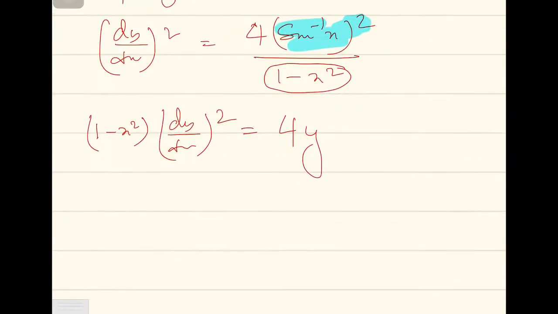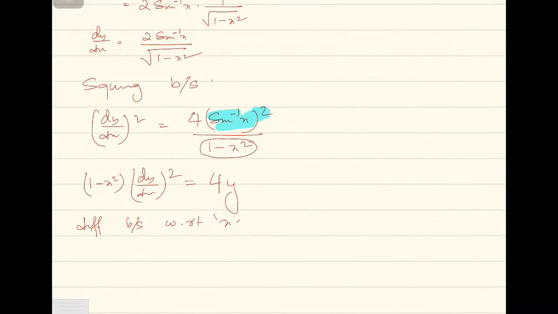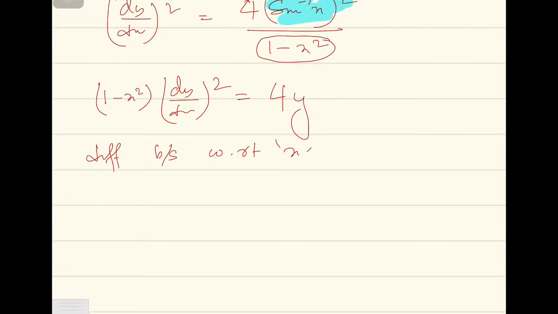Got it? So now time to differentiate both sides with respect to x. A little different here: I have squared first and then only I have differentiated it. So this is a little different technique. Maybe you will find the previous one easier or this one easier, whichever you prefer.